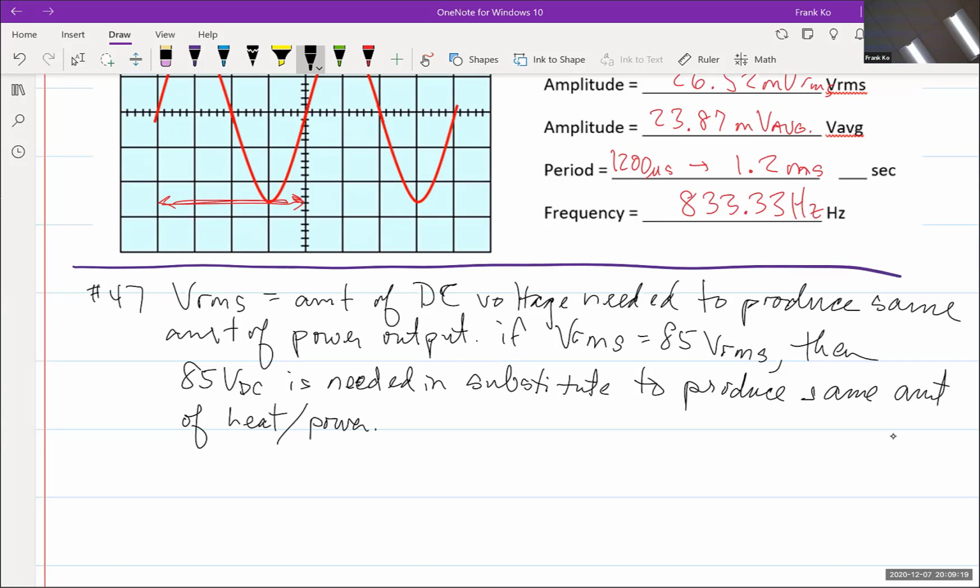Okay, so that's the significance of RMS. So if we have 85 volts RMS, we're going to need 85 volts of DC.